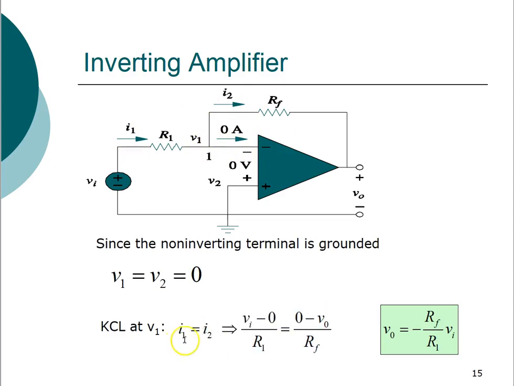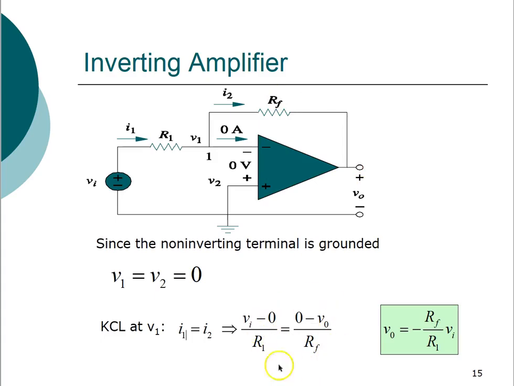I1 is basically V1 minus 0 volts, because V1 is 0 volts, so V1 minus 0 volts upon R1. And then this particular branch is equal to 0 minus V0, this is your V0 voltage, minus V0 upon RF. So that's what you see here.